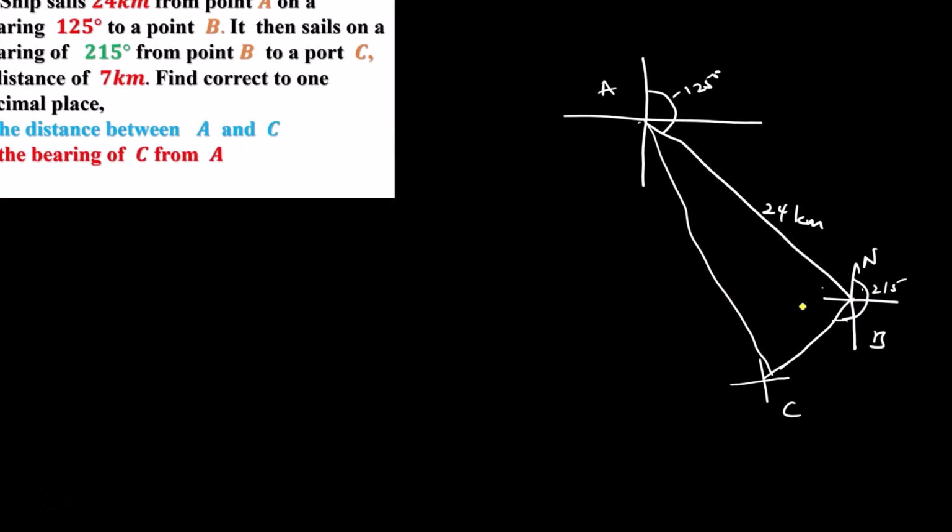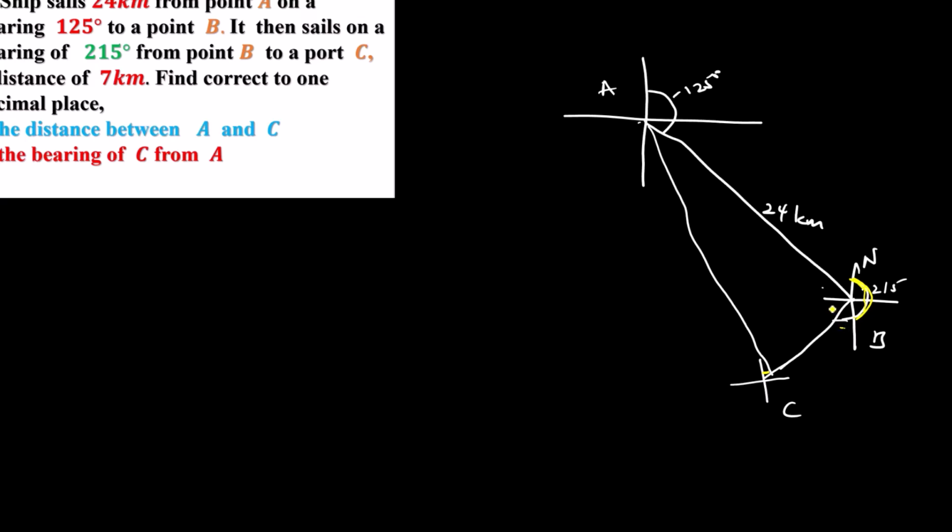Okay. So let's use the analogy from the first 4 lessons to locate the angles here. Now, this is C, this is A, this is B. We know from the north, that is from point B, from this side to this side is 180. So 180 plus what value here will give us 215, since from this side up to the point C is 215. So we need to know this angle.